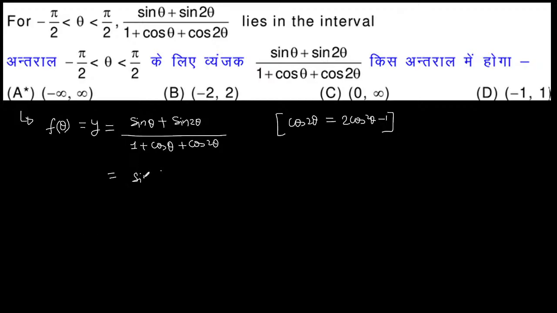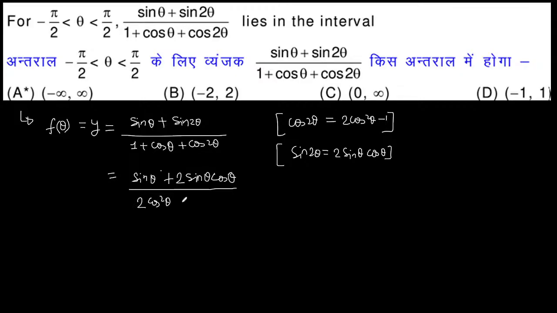Sine theta, we also know that sine 2 theta is 2 sine theta cos theta. This is sine theta plus 2 sine theta cos theta upon 2 cos square theta plus cos theta.